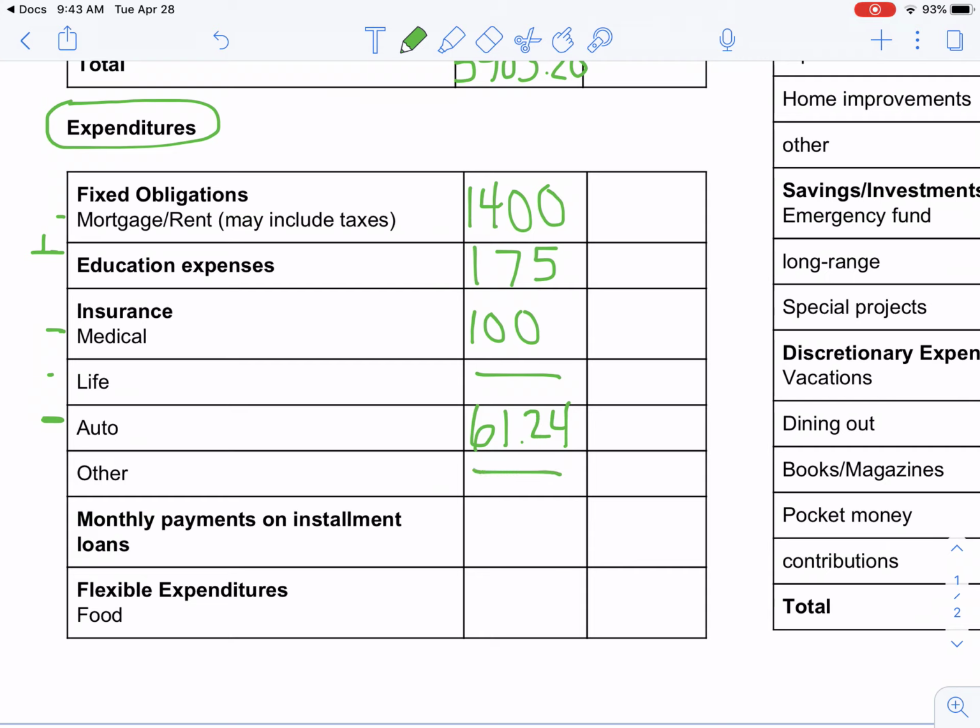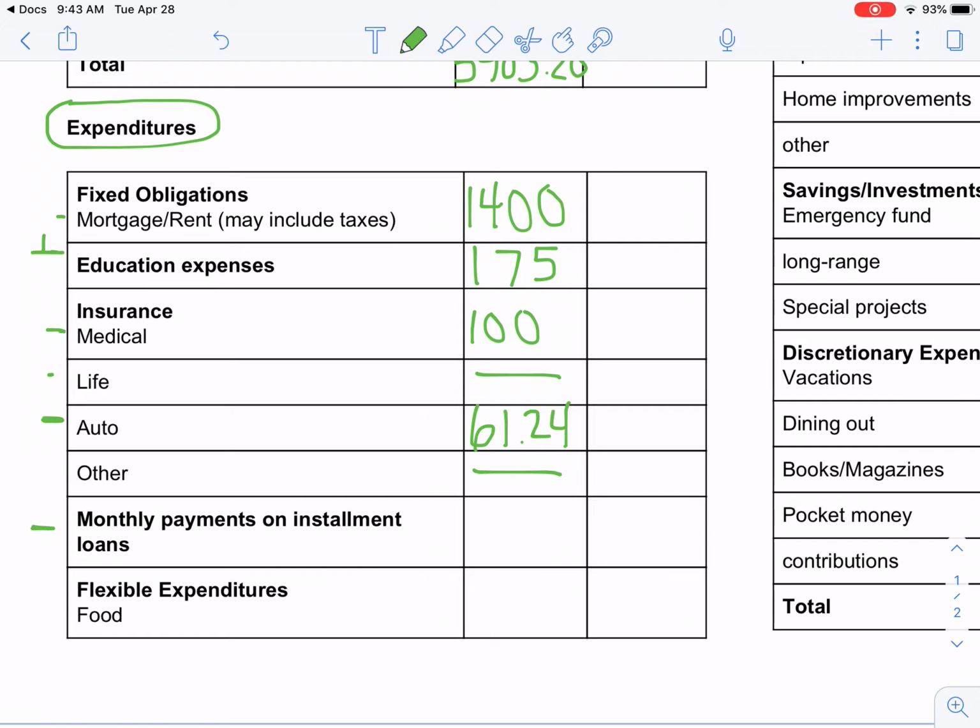Monthly payments or installments on loans. Now, this could be where you could put your student loan, but we like to separate it out so that you have a better understanding of where that money's going. That is a student loan that has to be paid.